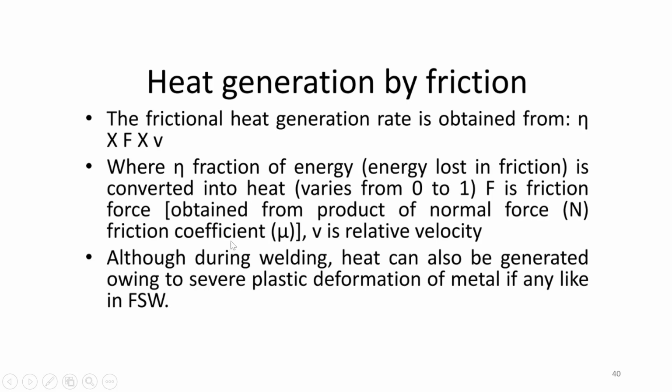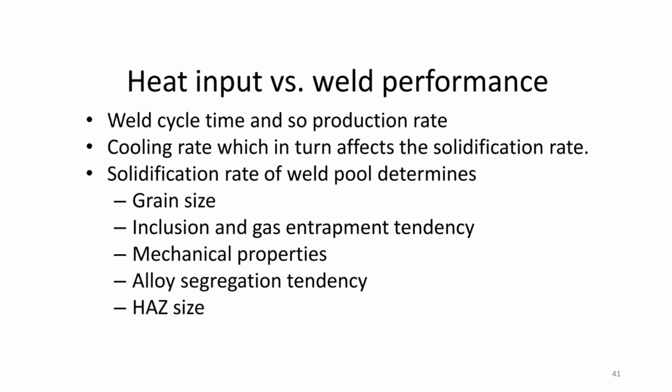Mu is the friction coefficient. V is the relative speed. Although during welding heat can also be generated owing to the severe plastic deformation of metal, if any, like friction stir welding.